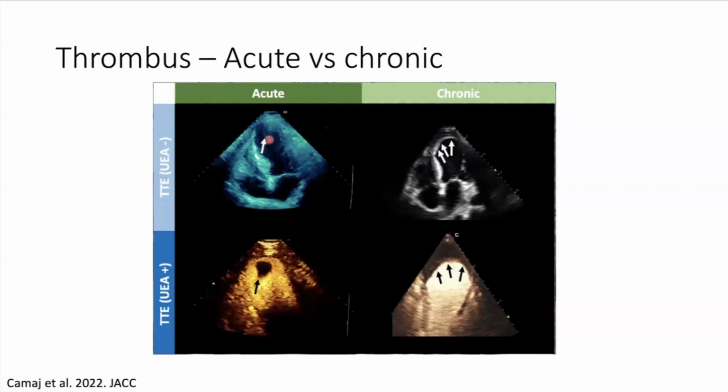This is a fairly large thrombus, but you can imagine if this was a smaller thrombus in the same patient, you wouldn't be able to see it just from that shadowing. So that's why the sensitivity is not as great. But when you add ultrasound enhancing agent, you can see that there's percolation of the contrast around the mass, and that's what we look for to characterize it as a thrombus.